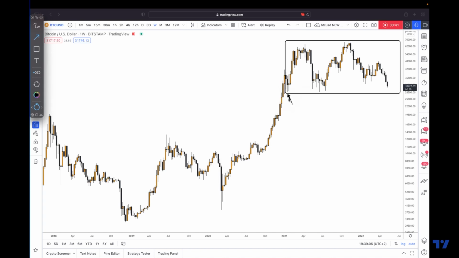So we are talking about the sequence of 2022 opening with a crash into the $28,000, followed by a rally into $65,000 in April, May.